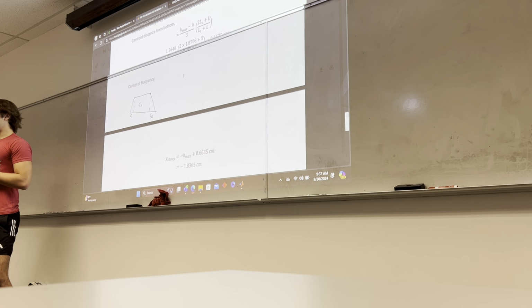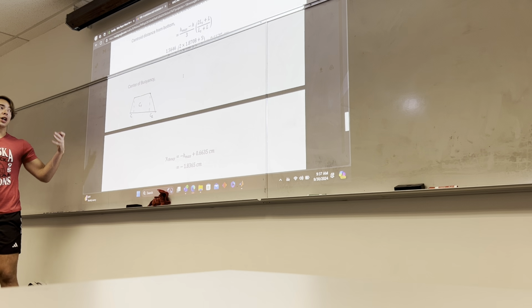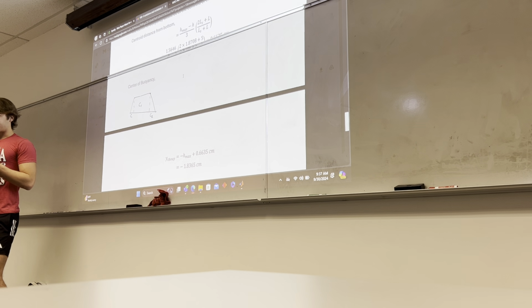So we use the trapezoid centroid because we're talking about the centroid of the submerged object, and the submerged object is like a trapezoid. We don't use the triangle.